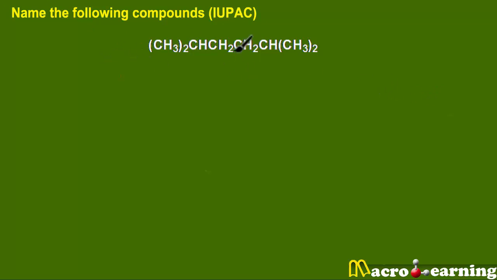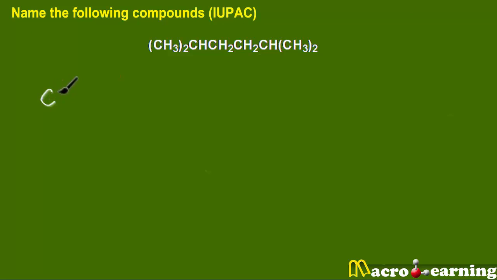This structure is the kind of structure that's often used when you try to include a structure in your text. It's good, but when it comes to naming, you always want to draw out the full structure. Okay, the full structure.